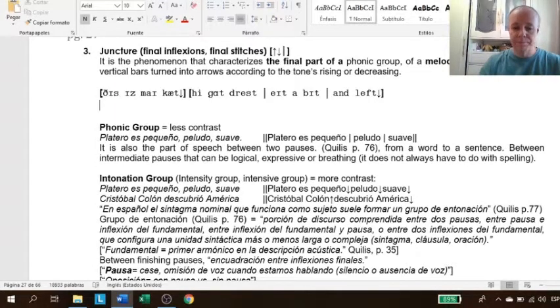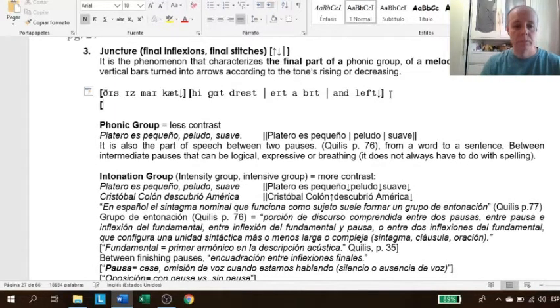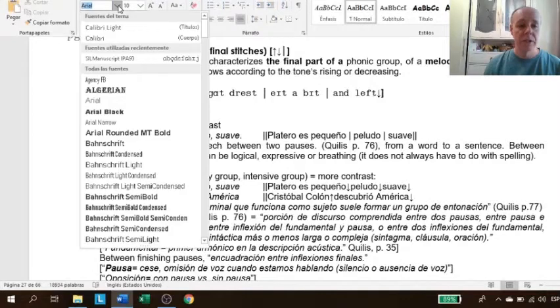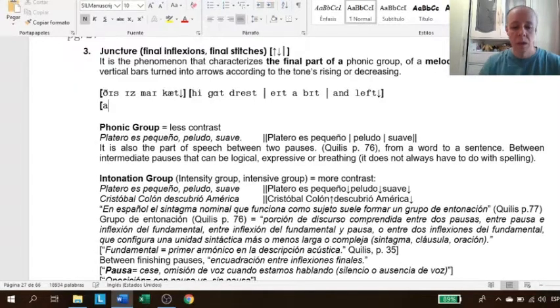One more. Again, I need to change the font. Okay. I needed two dots, but I cannot find them now. Imagine it has dots.